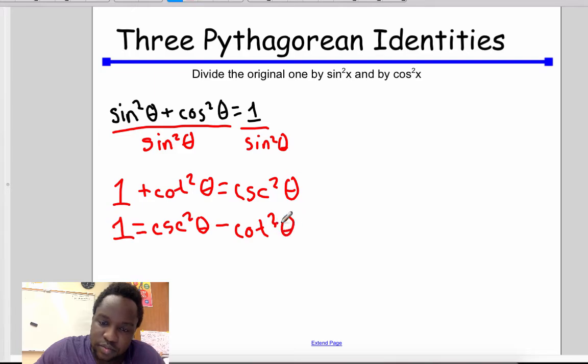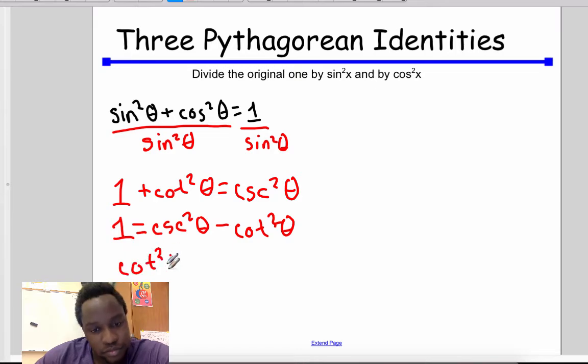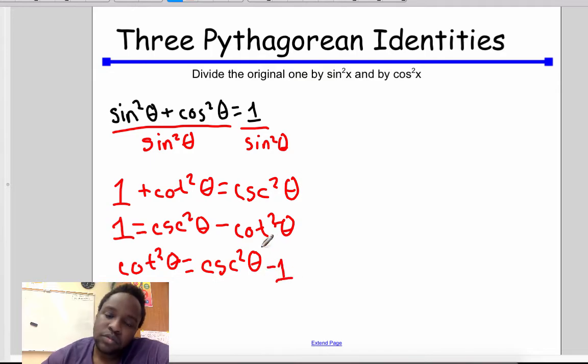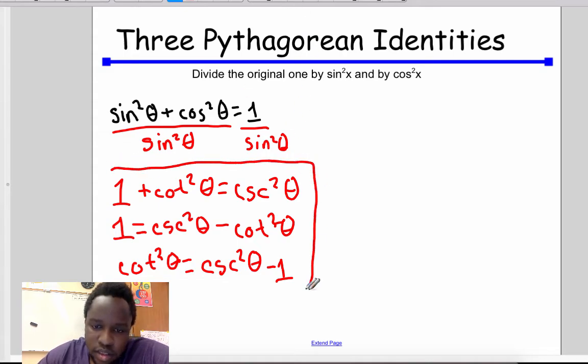That's a 2. Kind of looks like a 3. And then there's also that cotangent squared theta is equal to cosecant squared minus 1. All right, so those are 3 more identities that we can use.